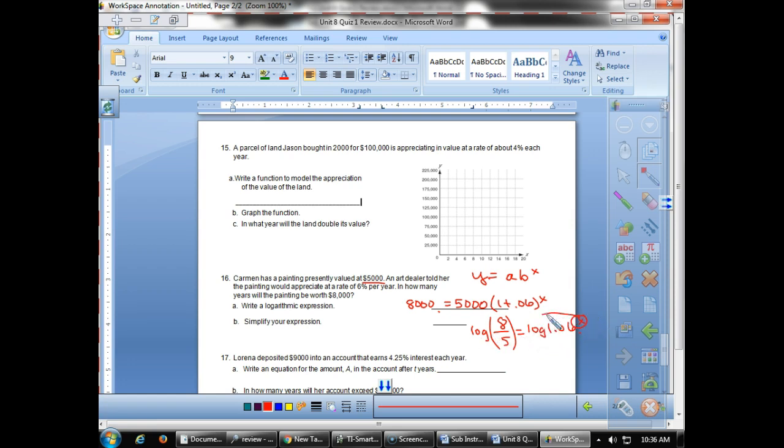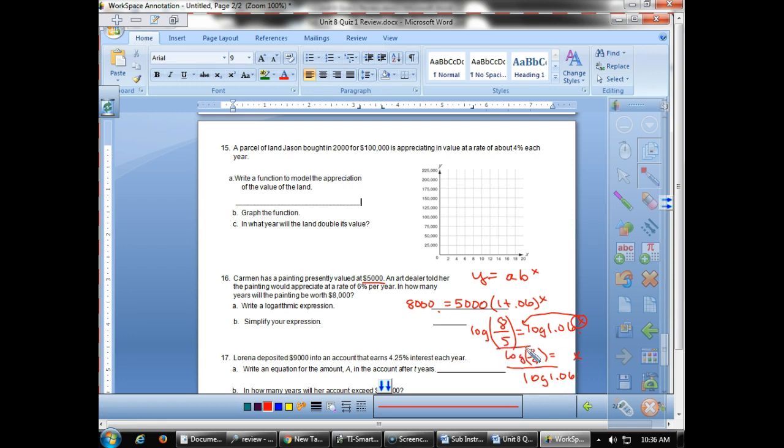So then the x will come down front, and I have log of 8/5. And I'm not wasting my time even plugging that into the calculator yet. I'm just writing it all down. So x is going to be, when I end up dividing, I divide log of 8/5 by log of 1.06.